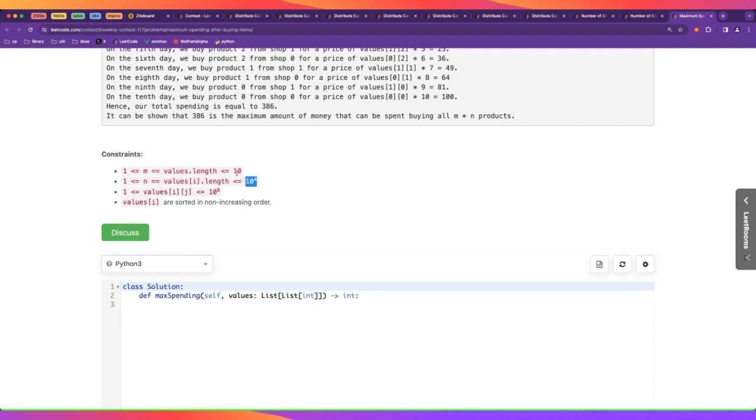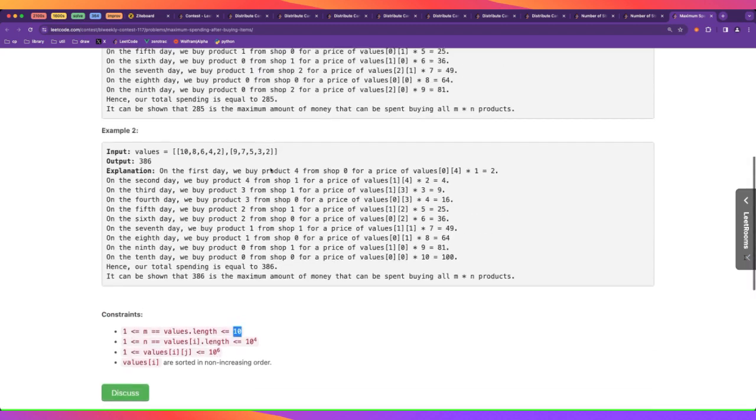Yes, it turns out that it's not really important, but in any case, it's good to pay attention when there are suspiciously small numbers, because probably you can get away with some brute force or some inefficient algorithm. And the values are up to 10 to the 6.